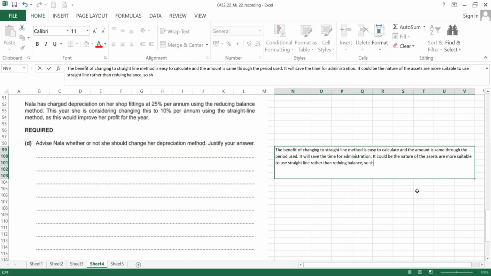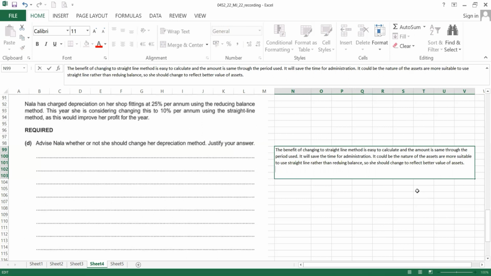So she should change to reflect a better value of the asset. Okay, so this is a benefit.